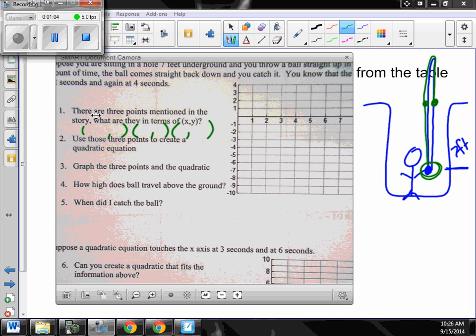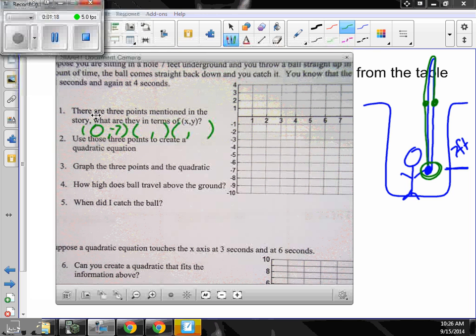What would the first point be? 0, and how low was it? -7. So the first point is 0, -7. Okay? What's the next point we would know? At 2 seconds, how high is the ball? 0.